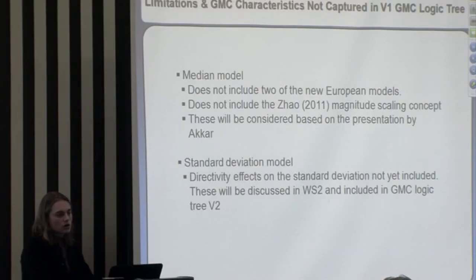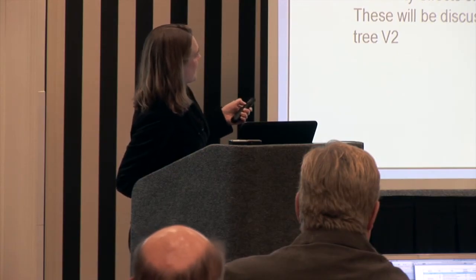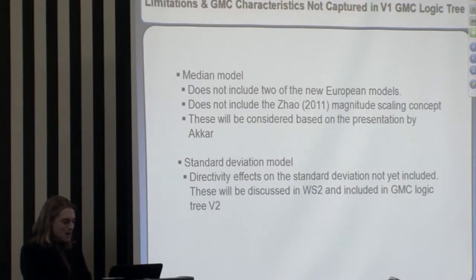Okay, so what are the limitations and the ground motion characteristics that have not yet been captured in our version 1 ground motion logic tree? The first deals with the median model. Two of the European models have not yet been included, and the third bullet point actually goes with the first bullet point. And these will be considered in a presentation by Ekar.